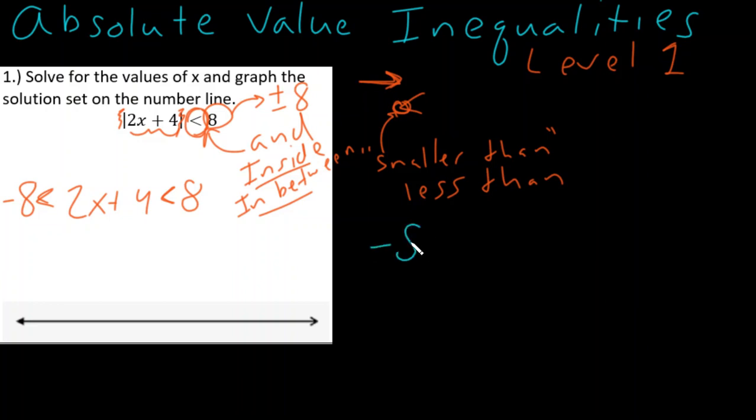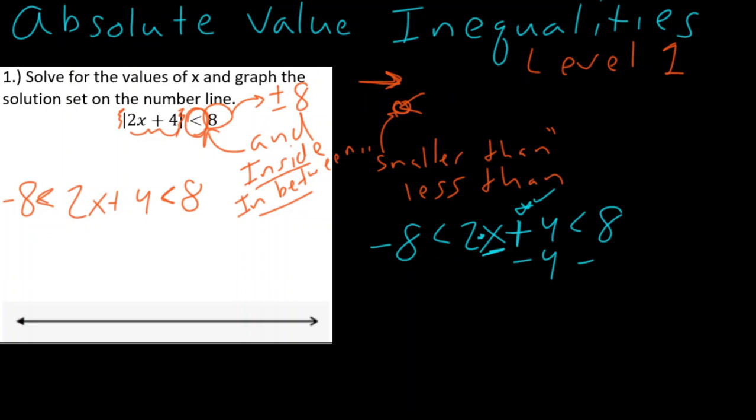We'll say, okay, we have negative 8 is less than 2x plus 4 is less than 8. And from here, the first thing we want to do is ask ourselves, how can I get this x by itself? Well, do I get rid of my multiplication or do I get rid of my addition first? What do you think? And of course, if you said we get rid of our addition first, you are correct.